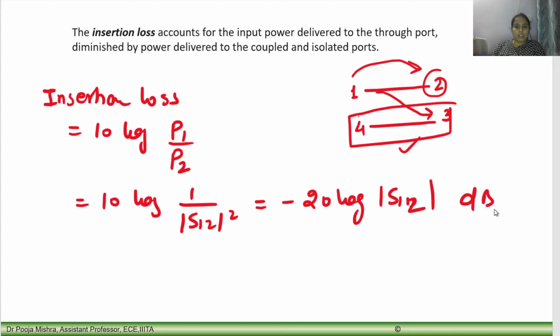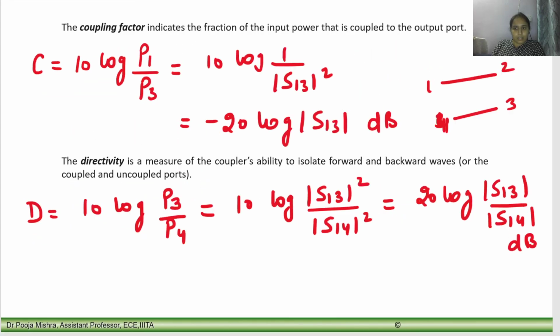So this is insertion loss. So what is required for an ideal directional coupler? In the definition of directivity, you don't want P4 to occur. If it is the ideal directional coupler, P4 should be 0, which means there should not be any power coming out from the isolated port. So the directivity of an ideal directional coupler is infinite.